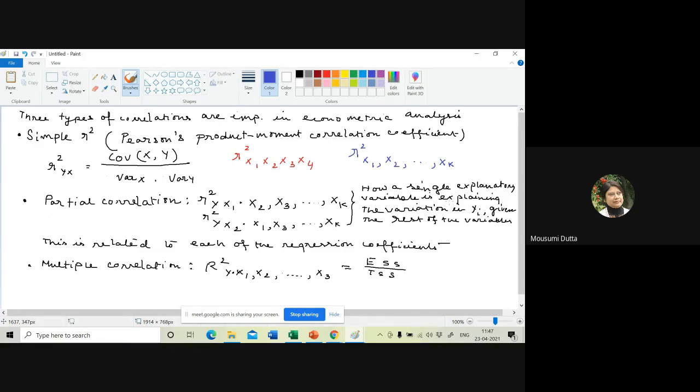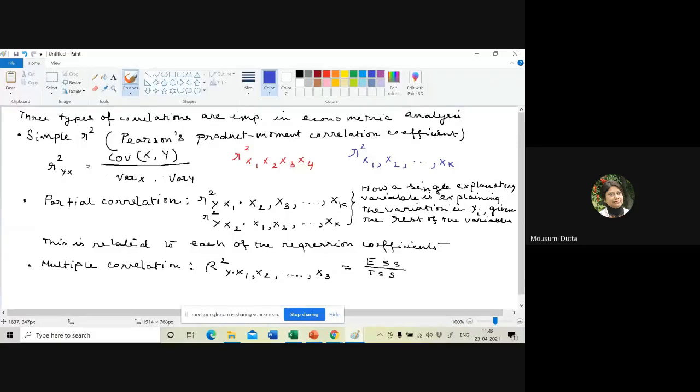So if there are 4 explanatory variables in the model, it can be y, x1, dot meaning given, x2, x3, x4, or it can be y, x2, dot, x1, x3, x4, etc. So the correlation between the study variable and one of the explanatory variables is conditioned on the rest of the explanatory variables.